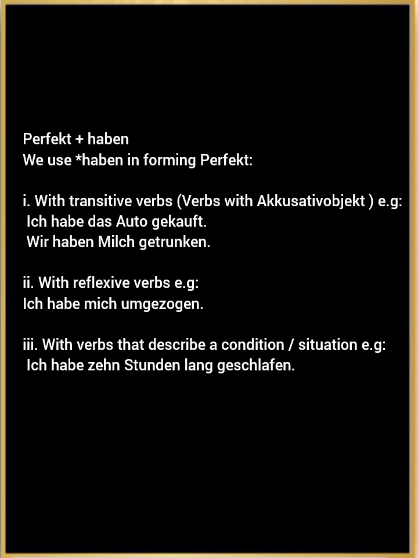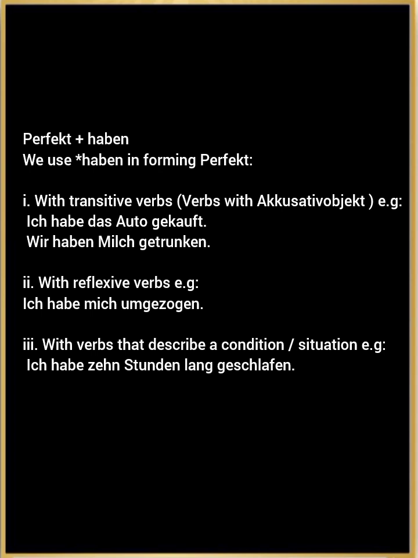Remember, we said that transitive verbs are those verbs that need an object to be complete, right? Things like to buy, to take, to eat, they will be forming their perfect tense using haben, right? Like in the example, ich habe das Auto gekauft.